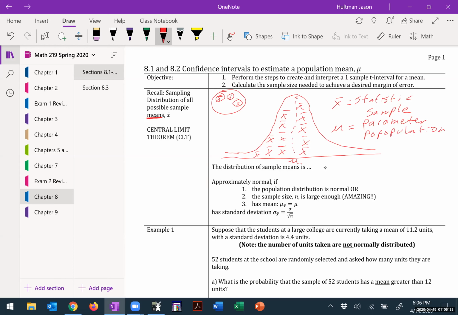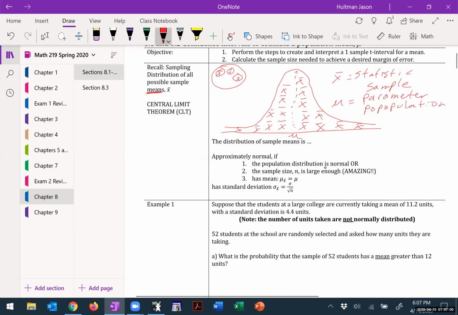Okay, so if we take a bunch of X bars and do this over and over and over again, then the more that we get, the closer to this bell-shaped curve that we get. So we get X bar here, X bar here, X bar over there, maybe one over here and one over there.